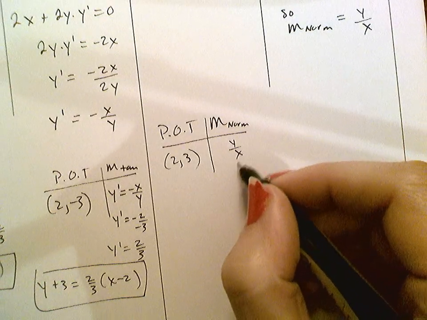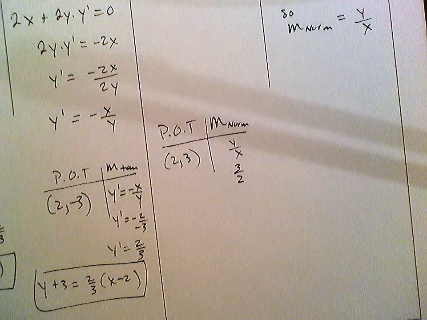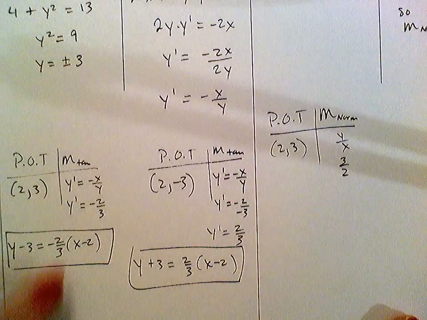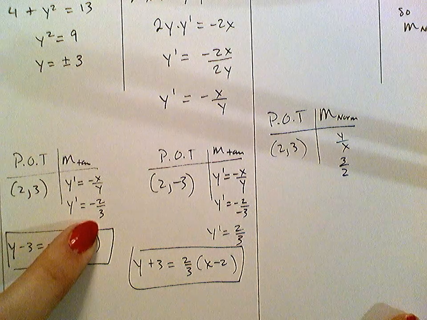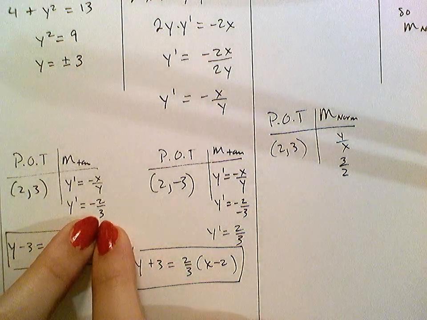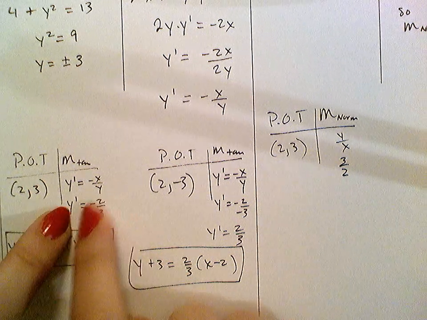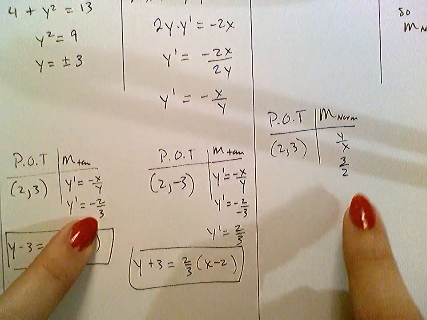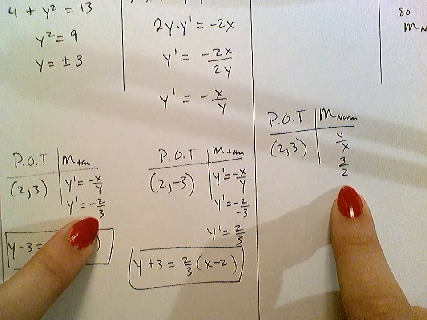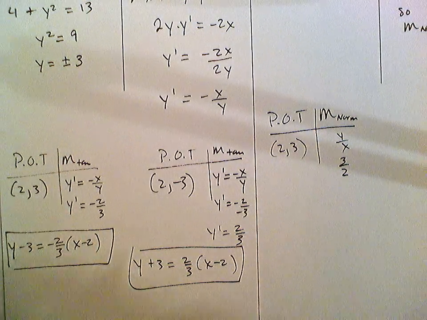So it's going to be 3 over 2. But guys, another way you could have done it, if you already had the numerical slope of the tangent line, negative 2 over 3, maybe it's easier for you. That's how I did it last year. I had them find the slope of the tangent line and then take its negative reciprocal. So that's another way of doing it.